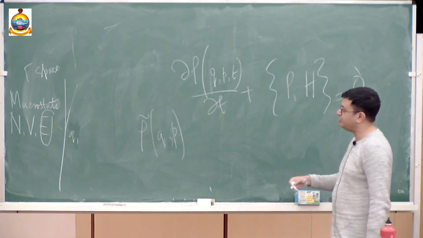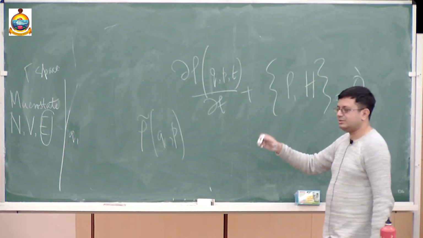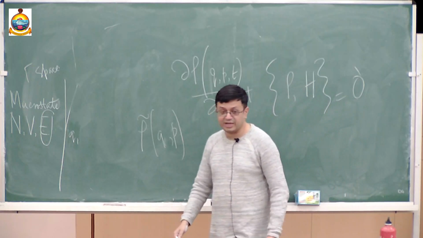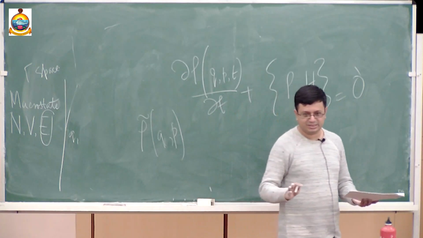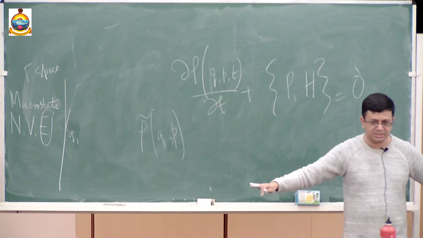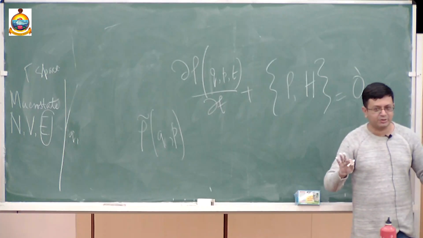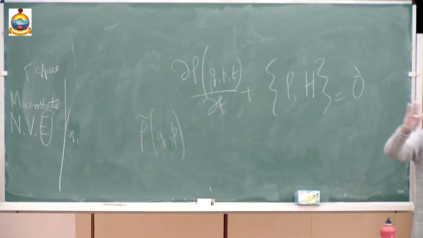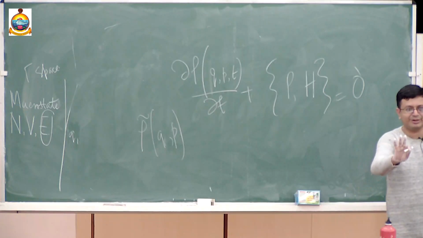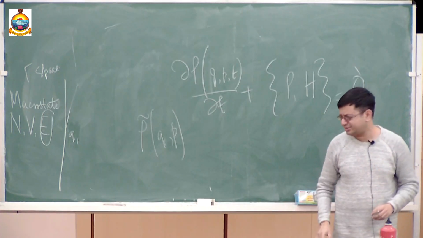I am not giving you a recipe as to how to construct such a state, but suppose you have such a state where the density is not changing as a function of time. Density over this 6N minus 1 dimensional hypersurface is not changing. For example, while the class is going on, as far as I can tell, the density of this room doesn't change, right? Wherever you are, here it is very dense, here it is 0, and there is some density. The density is not changing in such a state.